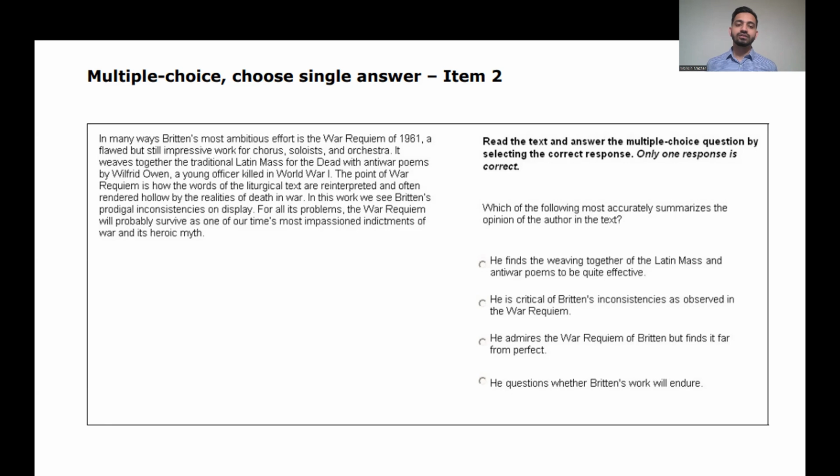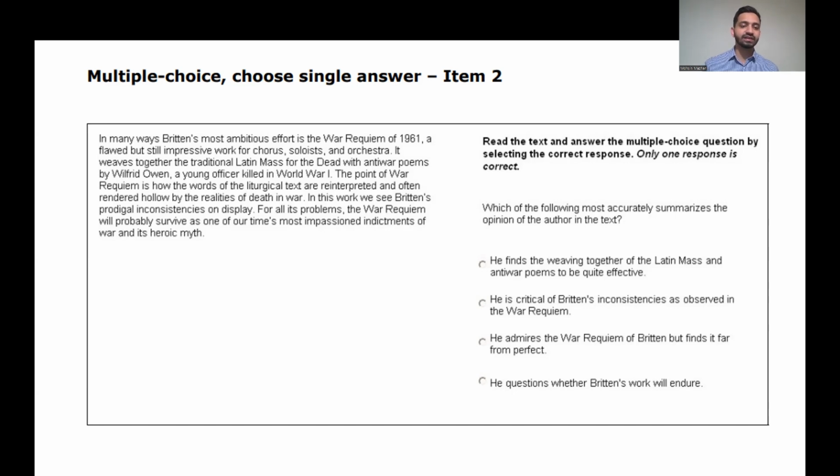He's admiring, but he's not really saying that this is perfect, because he talks about prodigal inconsistencies on display. If you look at option number two, he is critical of Britain's inconsistencies as observed in the War Requiem. He's not really critical of that, although you can argue that he is not finding it perfect, but he's not really criticizing it.